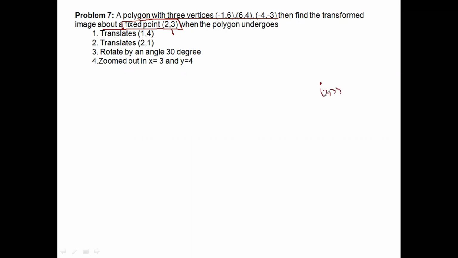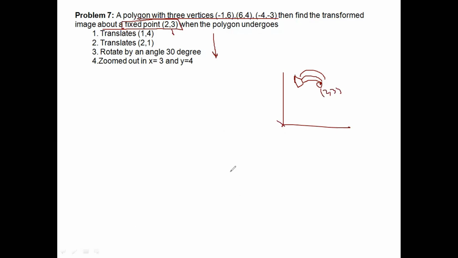Now everything has to be done with respect to this, not with respect to the origin. For example, the scaling has to be done with respect to this, translation with respect to this, rotation with respect to this. So with respect to this point, the object has to be transformed with this sequence of transformations.